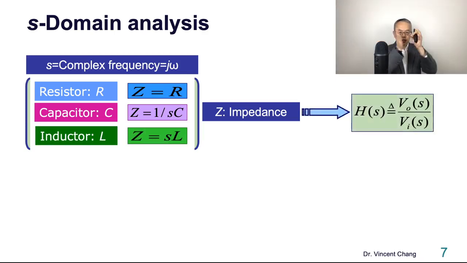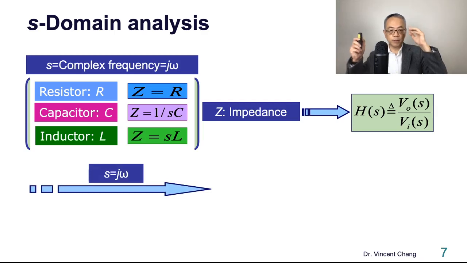And then you convert from RCL to a term called impedance. It's the general impedance, and you try to derive the transfer function based on circuit theory, say Ohm's law, Kirchhoff's voltage law, or Kirchhoff's current law.